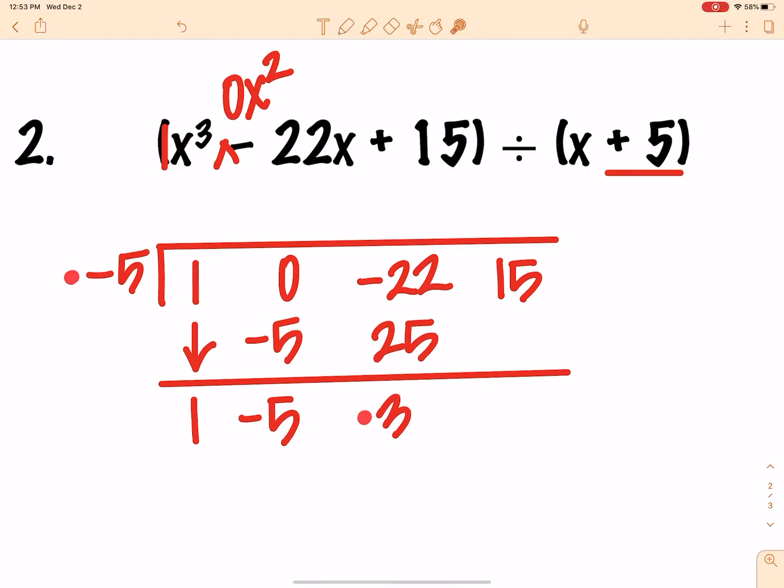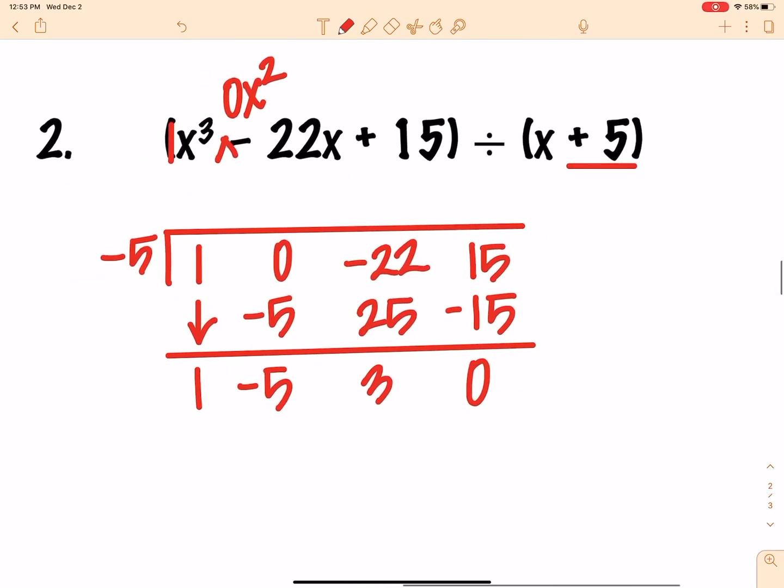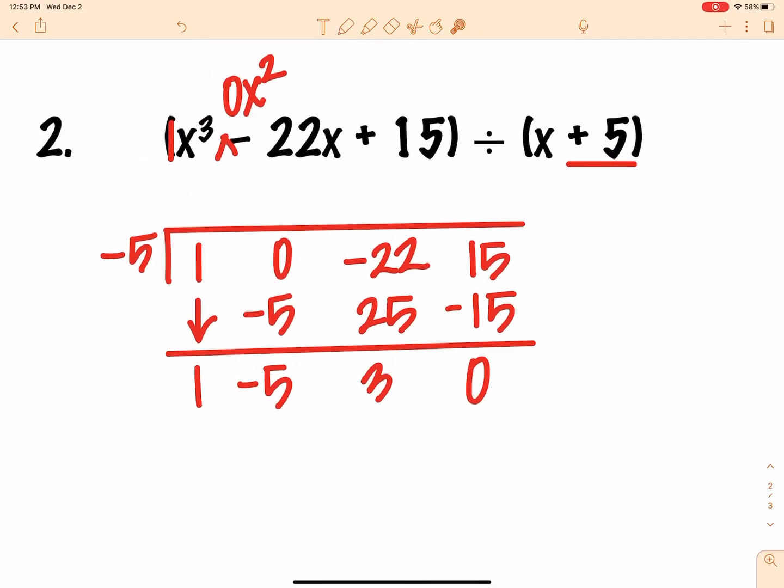3 times -5 is -15. And we get 0. And again, we know that last number is a remainder. So we're actually getting a remainder of 0, which is nice. Now we have to write out our final answer. Again, how you start your answer is that you take this degree, which is 3, and subtract 1. So we're going to start off with an x squared.